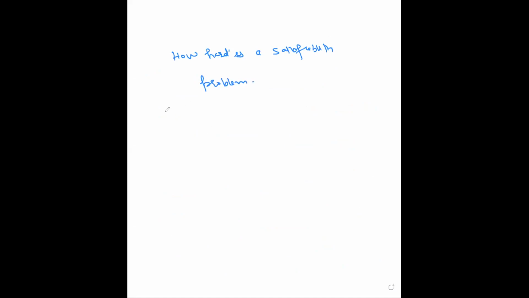Let us consider if there are two literals. This is also known as the 2-SAT problem, and it is proven that it takes polynomial time to solve. If there are two literals, x1 and x2, how many possible values can there be? There can be 4 values: 0 0, 0 1, 1 0, and 1 1.